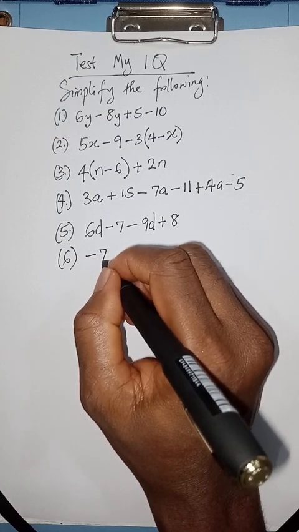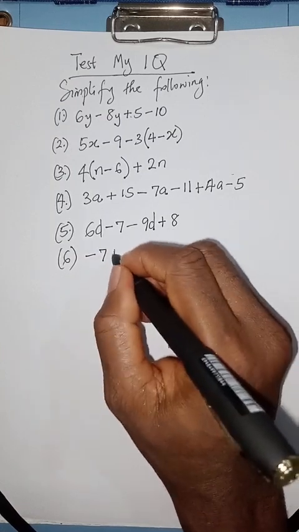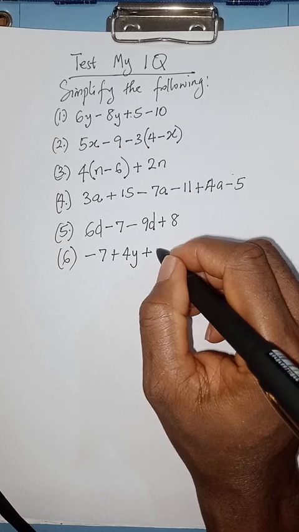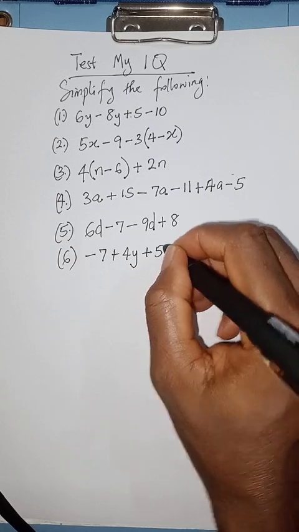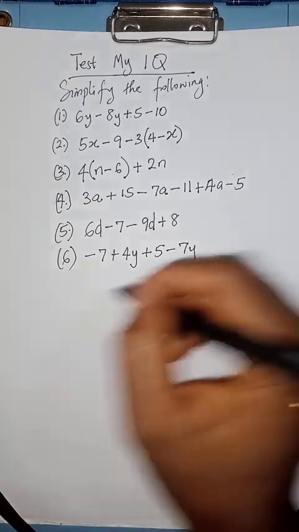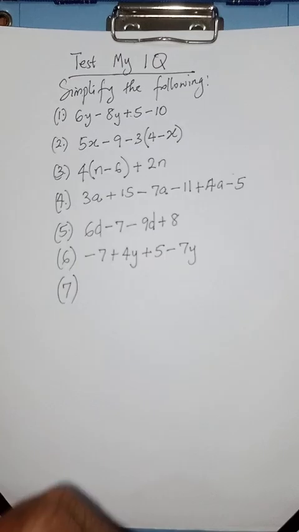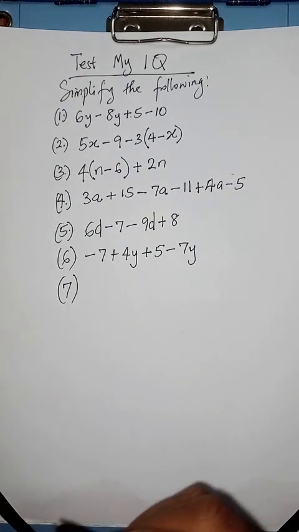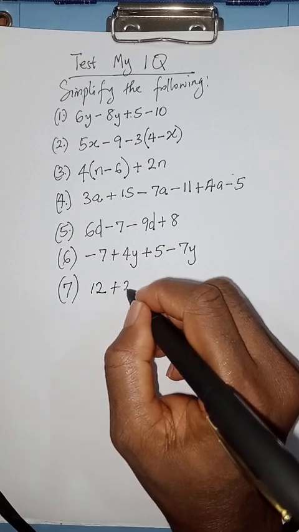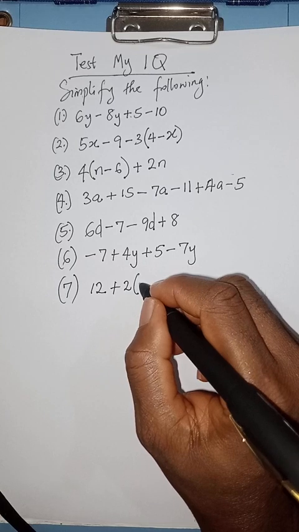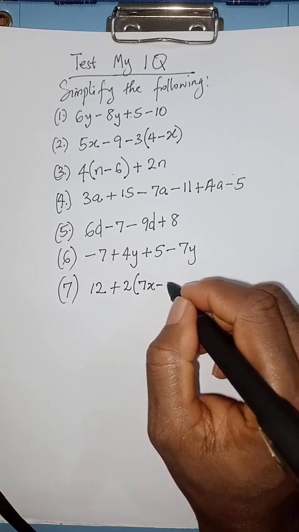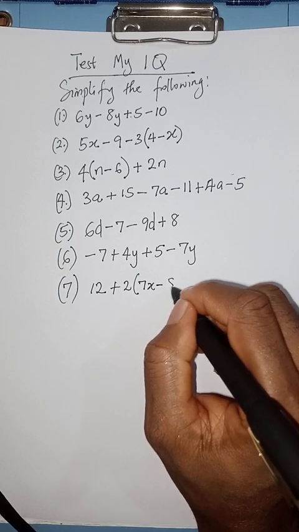Minus 7 plus 4y plus 5 minus 7y. Number 7, I have 12 plus 2, open bracket, 7x minus 8.